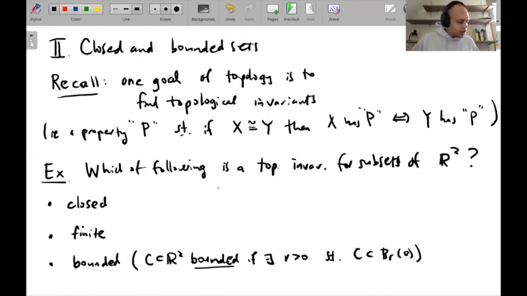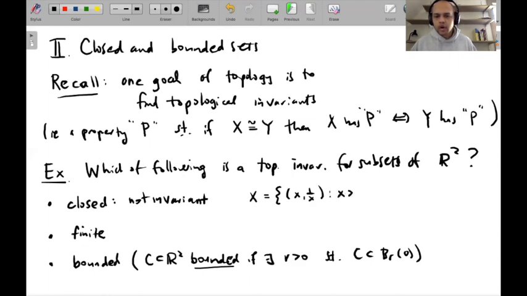Okay, so let's answer this. So this is not invariant. Being closed is not invariant. For example, as an example, let's take X to be the graph of the function 1 over x over the positive real axis.